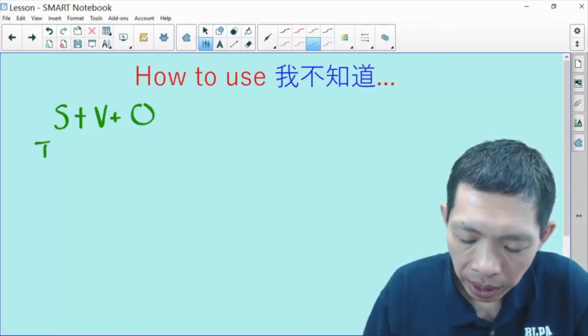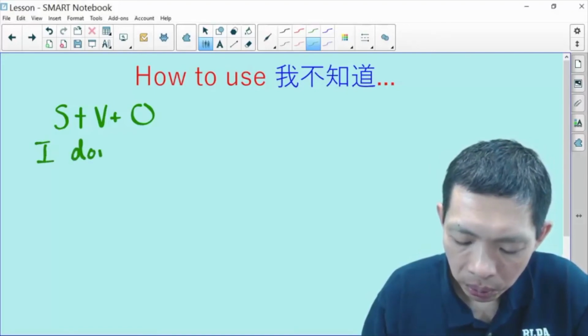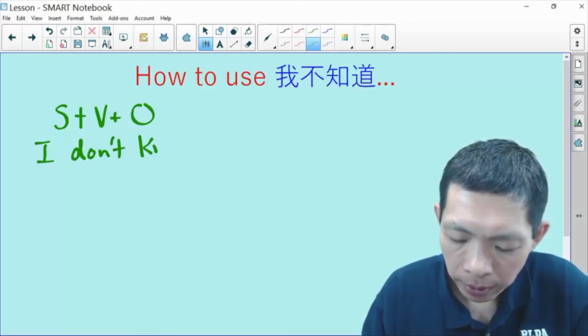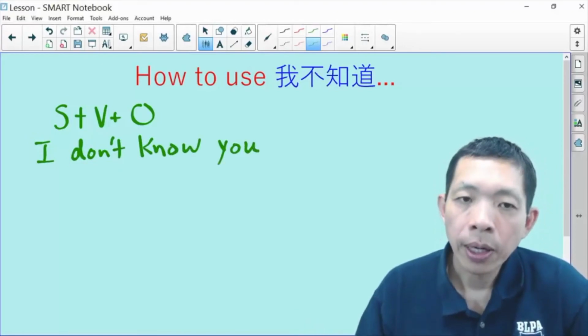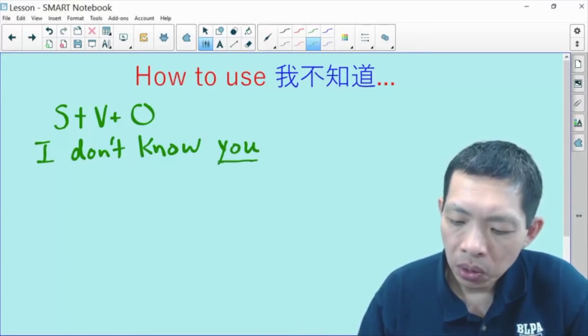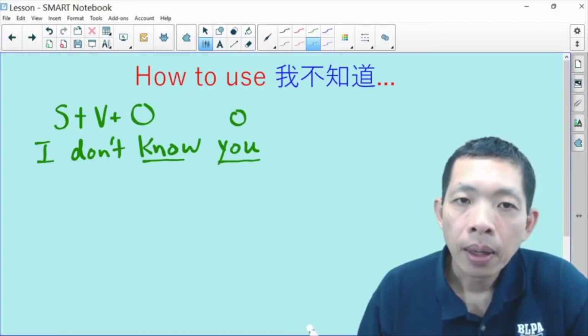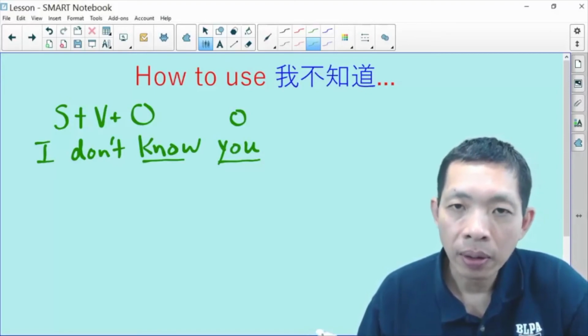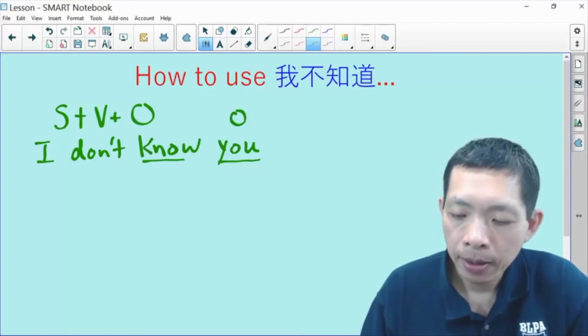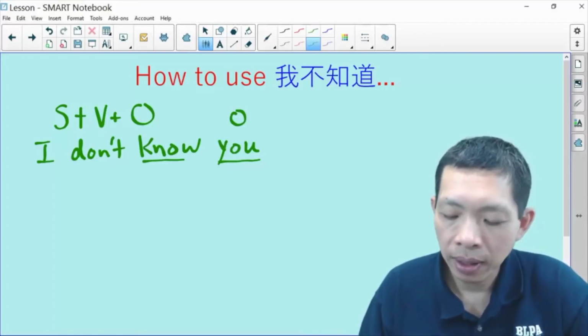So if you want to say, I don't know you, this is a verb and an object. Same thing, you can say I know or I don't know. The way to approach it is the same.